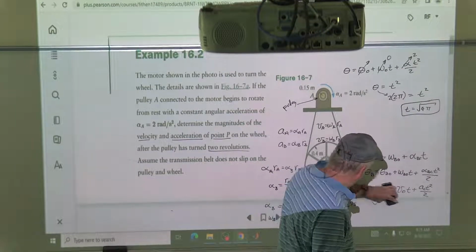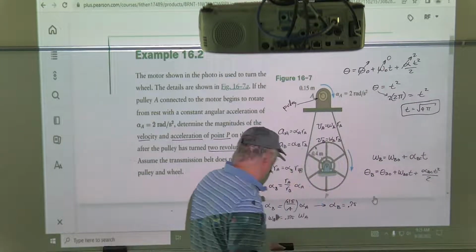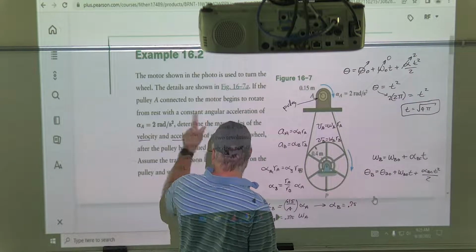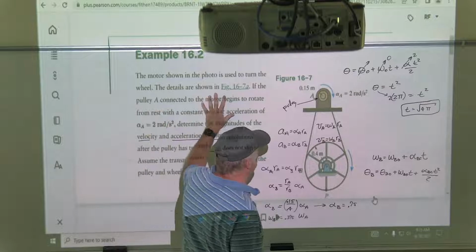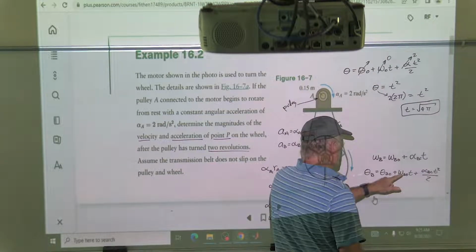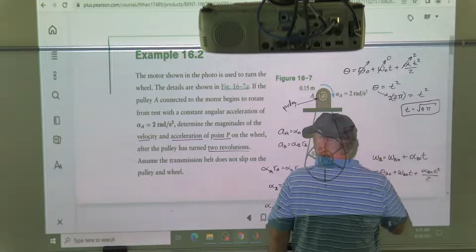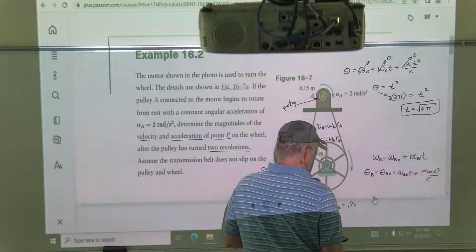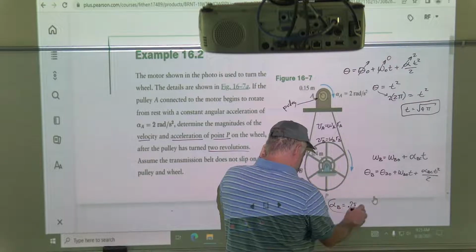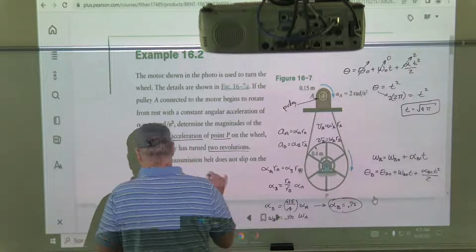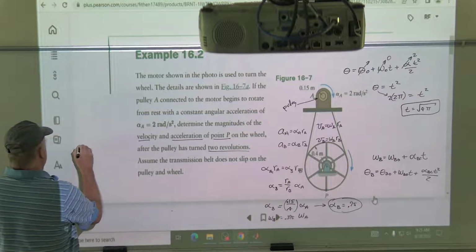So you just mimic that. If the thing started from rest before, and I'm assuming it did somewhere in the statement, then so does B. And he wanted to know the velocity and the acceleration. Well, the acceleration is just that. Oh, well, no, wait a minute. Let's be realistic here.